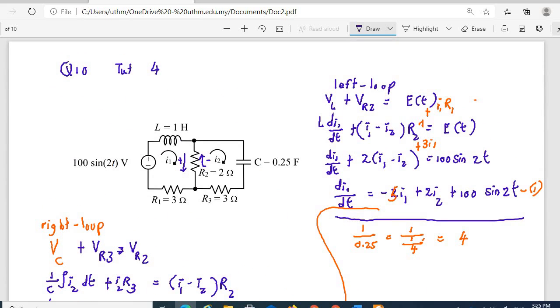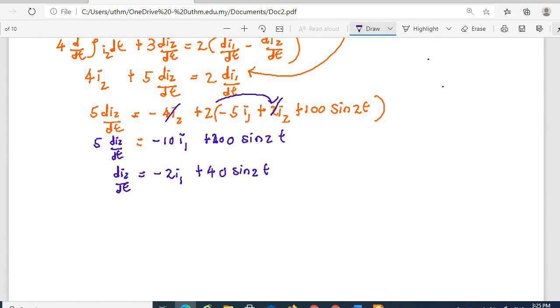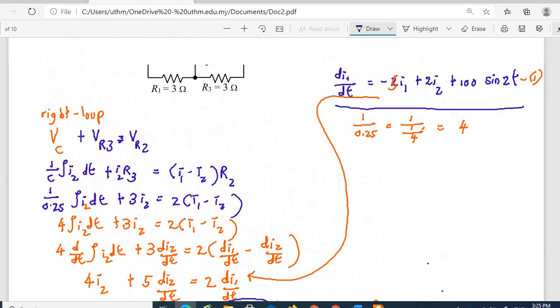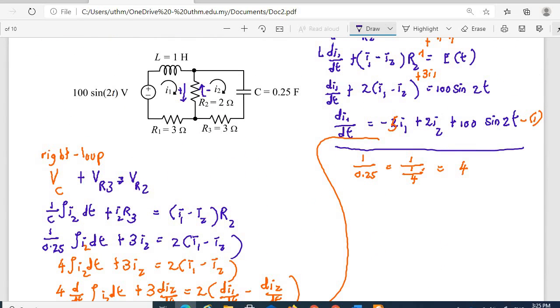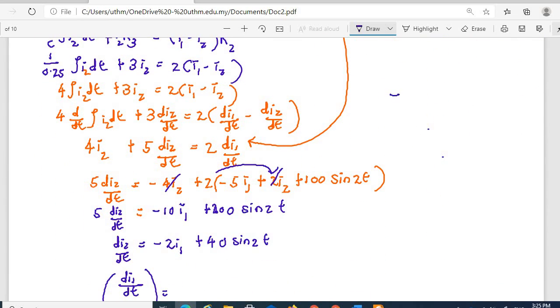So now we got two equations, one is dI1/dt, another one is dI2/dt. You put it into matrix form, where you have dI1/dt, dI2/dt. We put it into the form I prime equals AI plus G, where A is your 2 by 2 matrix.